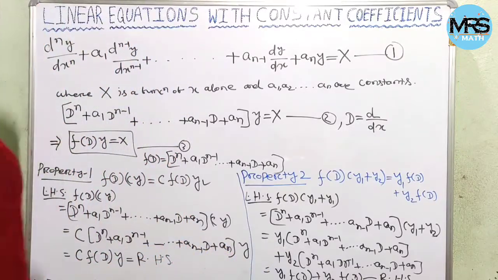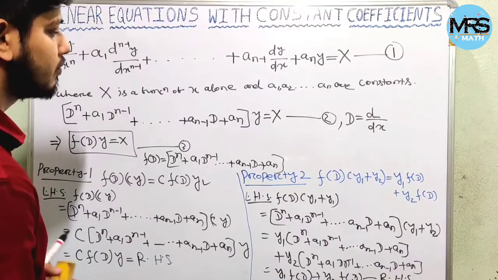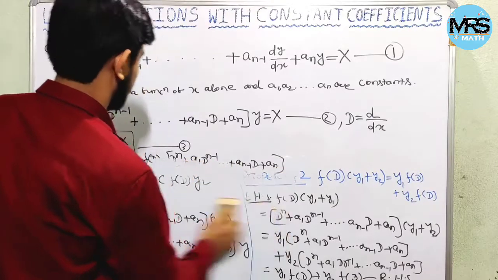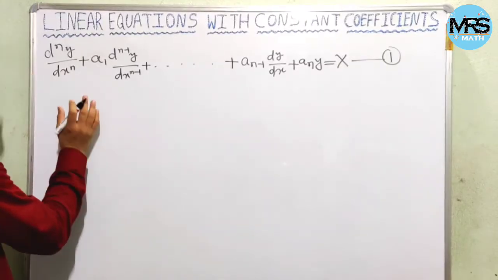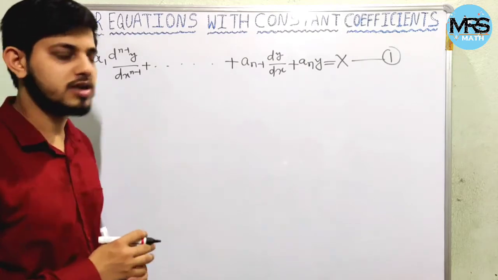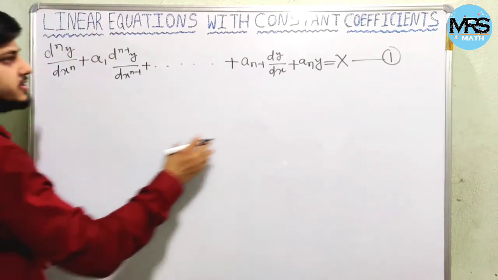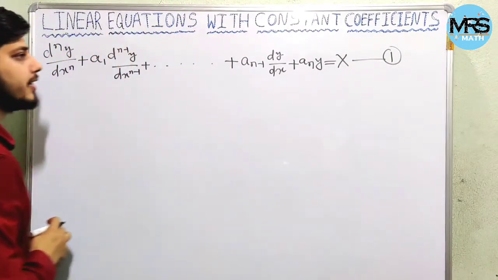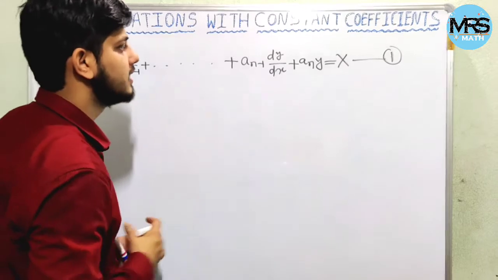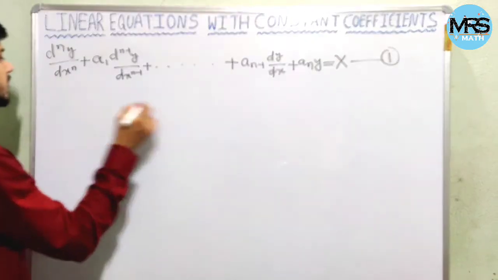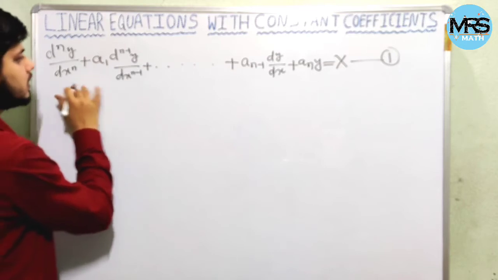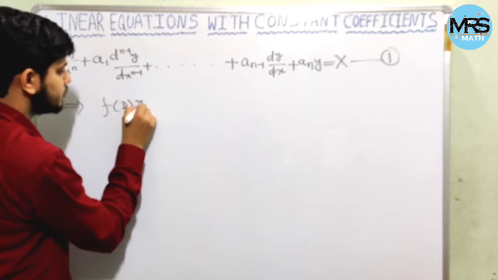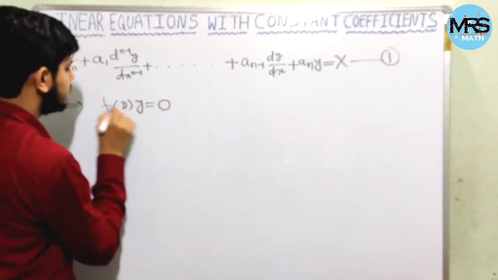Let us see what the theorems are. Now we will see what a homogeneous linear equation with constant coefficients is. If the right hand side, this X which is a function of x, we take as 0, then this equation converts to f(D) y equal to 0.